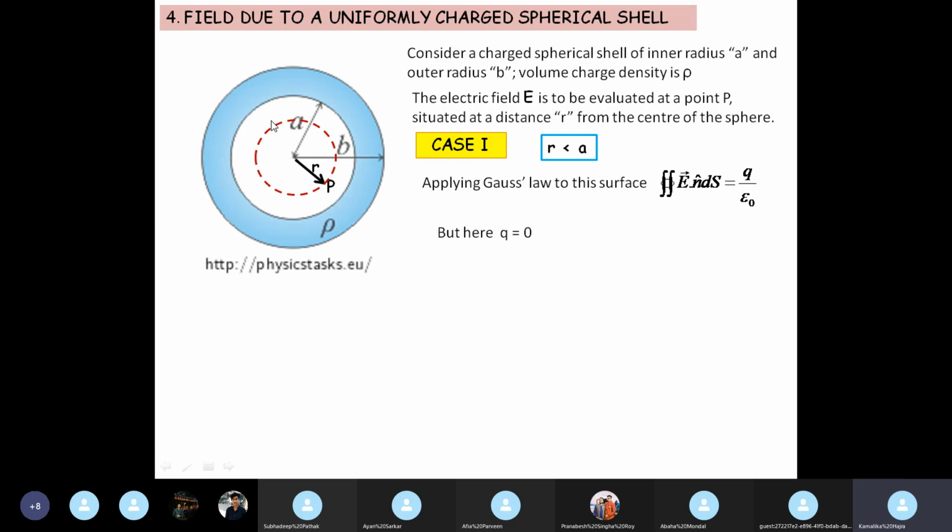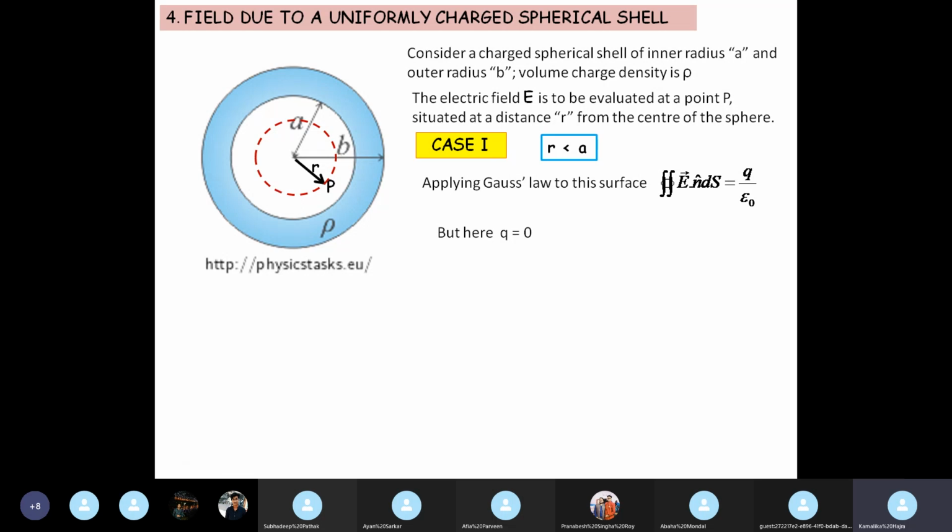But if you look here, the charge enclosed by this surface is 0, because it's a hollow shell. This white portion is hollow, there's nothing here. The charge is on the solid shell portion. Inside the shell there is nothing, it's hollow, empty. So there is no charge enclosed.